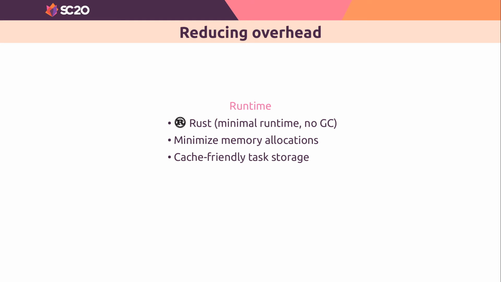To reduce the overhead of the server, we have implemented it in Rust, which has a minimal runtime and no garbage collector. RSDS tries to minimize memory allocations because Dask is quite liberal with them, which contributes to its high runtime overhead. We also store key data structures in both the reactor and the scheduler in a cache-friendly way. We have chosen Rust because its safety properties make it easy to write correct and safe distributed applications.